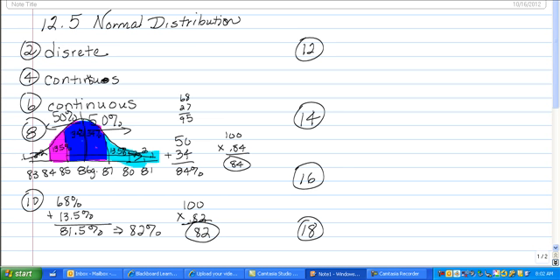Okay, and the book says 81 or 82. Number 12, we have IQ scores, so I need a new normal curve to work with. It says the mean IQ score is 100 with a standard deviation of 15.